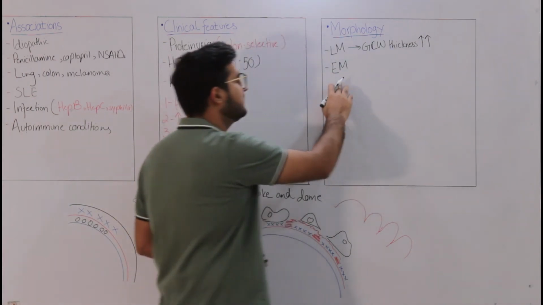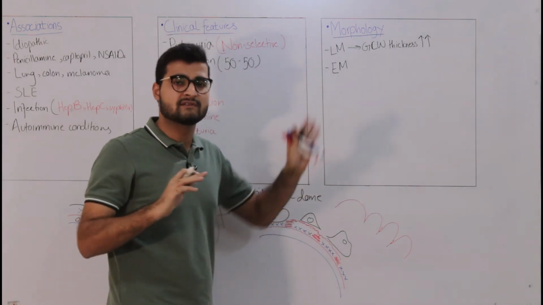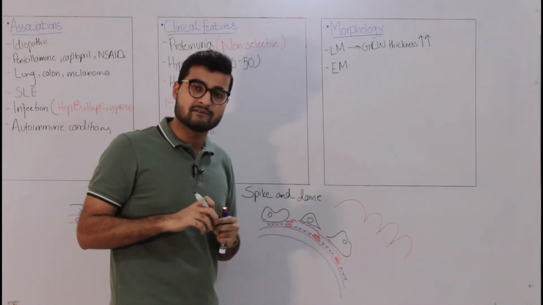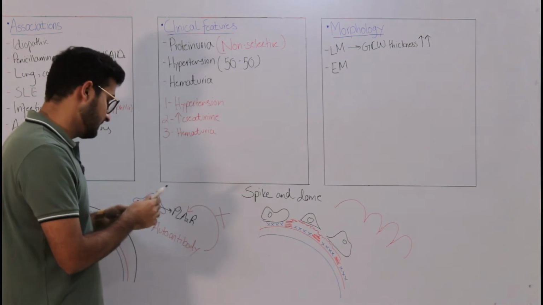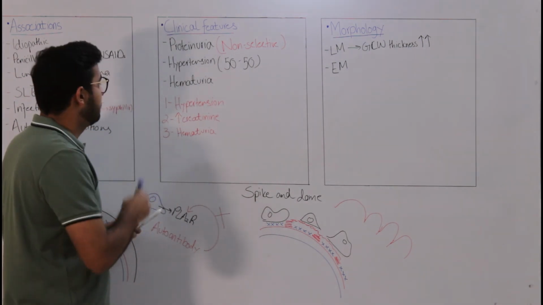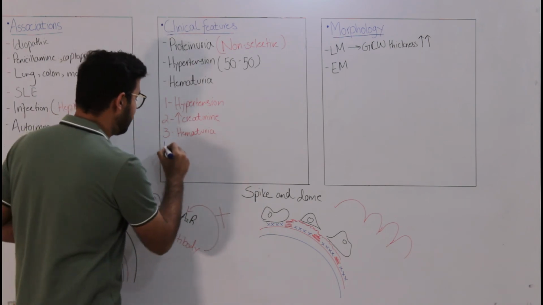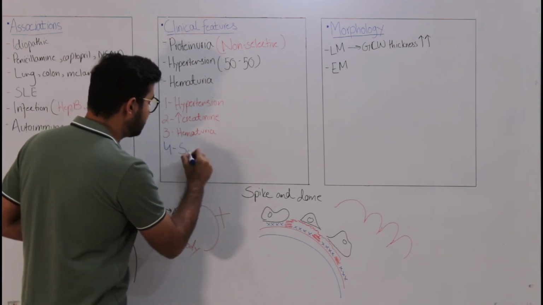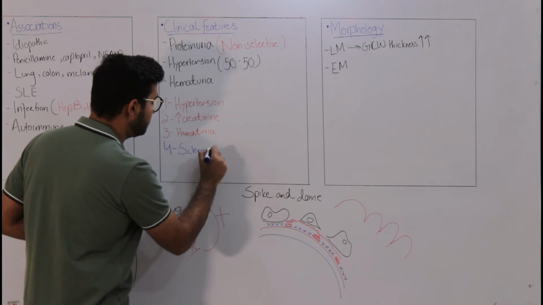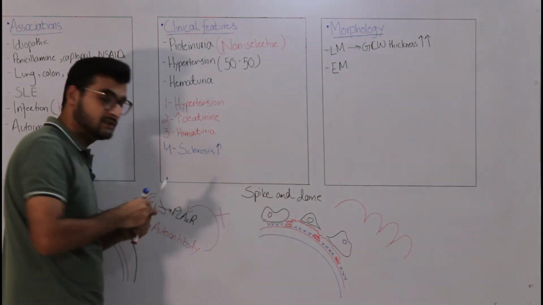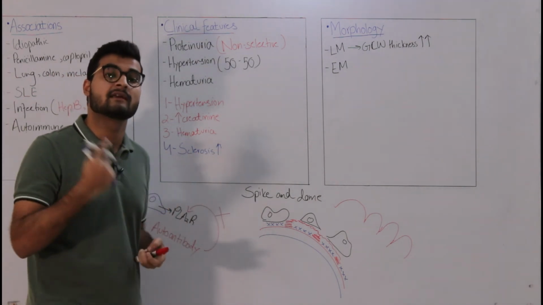Apart from that, on electron microscopy you will also see thickening and sclerosis. And one thing, when I mentioned the progression of the disease, one thing that you need to remember is that an increase in sclerosis will also tell you about the progression, whether the membranous nephropathy is getting worse or not.